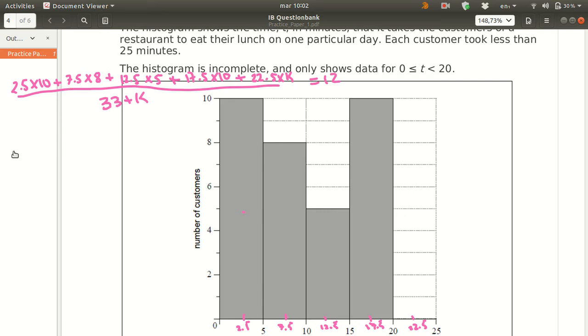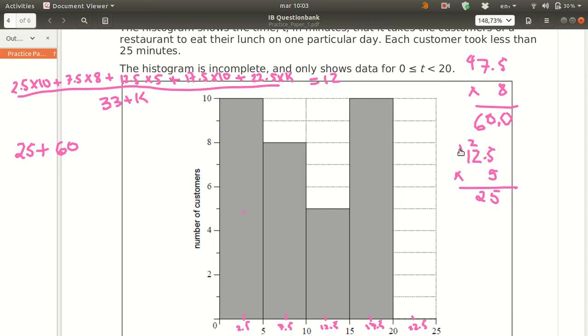2.5 times 10 is 25, plus 7.5 times 8. 8 times 5 is 40, 8 times 7 is 56, plus 4, 60, with one decimal place. So 60. Then 12.5 times 5. 5 times 5 is 25, carry a 2. 5 times 2 is 10, plus 2 is 12, carry a 1. 5 times 1 is 5, plus 1, 6, with one decimal.